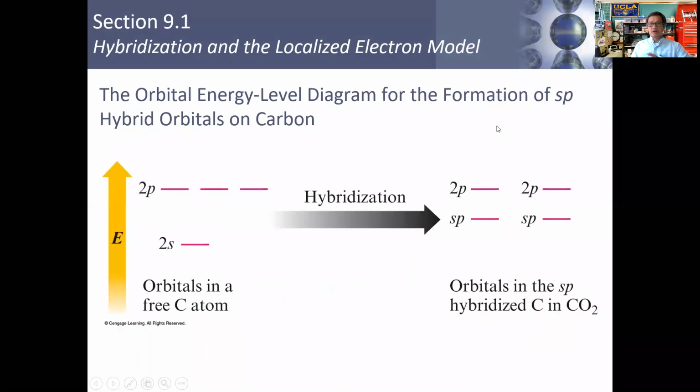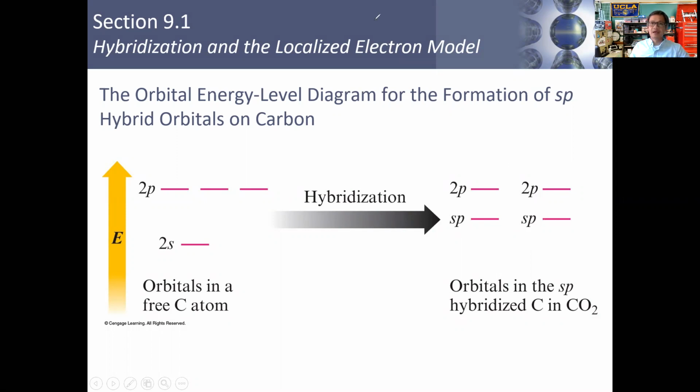And just like with the other hybrid orbitals, the two sp hybrid orbitals will be degenerate, equal in energy, but the two remaining unhybridized p orbitals will be higher in energy. So the hybridized orbitals are lower in energy than the two p orbitals.